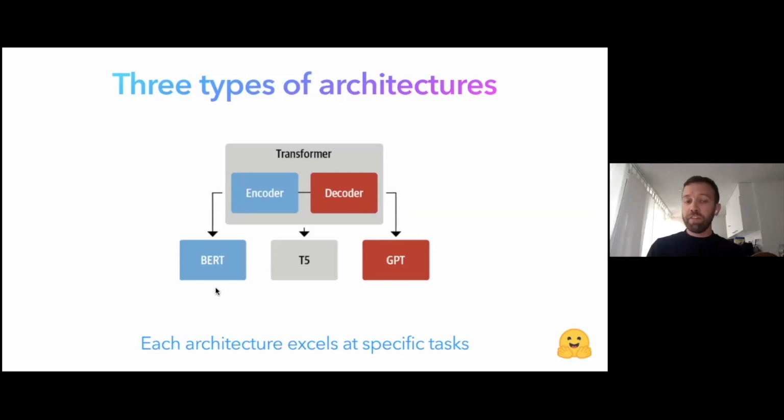These models are usually very good at tasks that we call natural language understanding tasks, or NLU tasks. And these include all sorts of classification tasks, for example, sequence classification or token classification. Also question answering is one of these tasks. And these blue models, they're really good at that. And they don't actually need a decoder because they don't generate a text at the end. They just want to make a prediction on, for example, a class. So they only use an encoder.